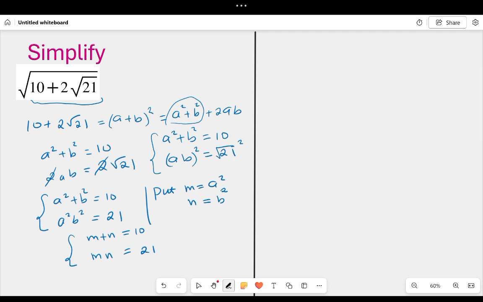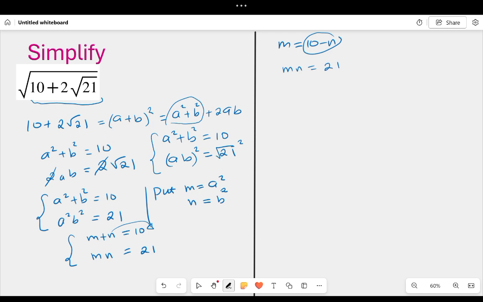Now we go ahead to solve for m and n. If you move n to this side, we have m is equal to 10 minus n. Now we do the replacement in the second equation, mn is equal to 21.